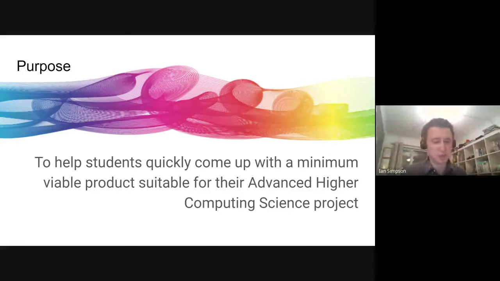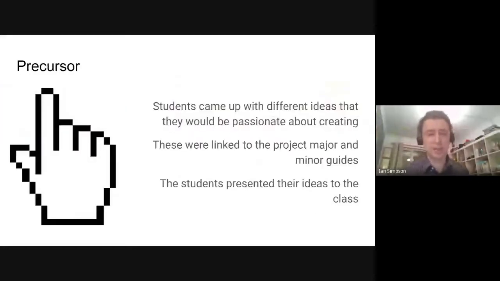So I came up with this initiative to get them back into the swing of things early in August and to quickly come up with a minimum viable product that's suitable for the advanced higher computing science project. So taking the Agile methodology that they're learning about and putting it into action as part of their advanced higher project.